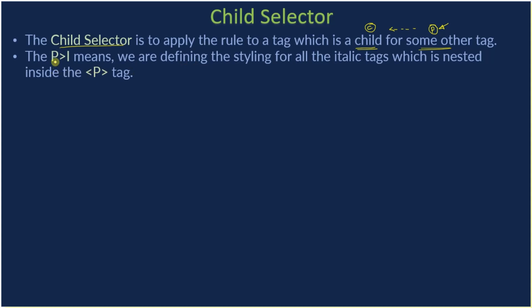So P/I means we are defining the styling for all the italic tags. So I stands for italic tag. So for all the italic tag which is nested inside the P tag.